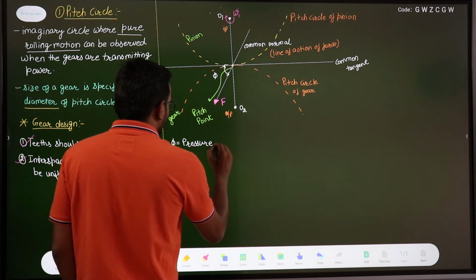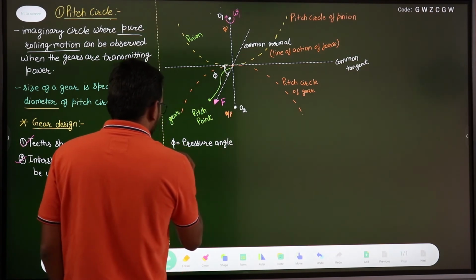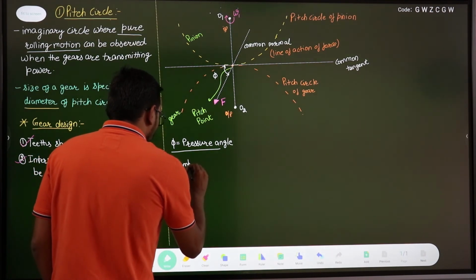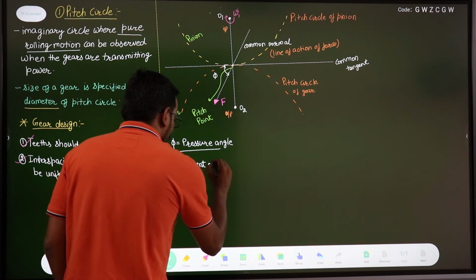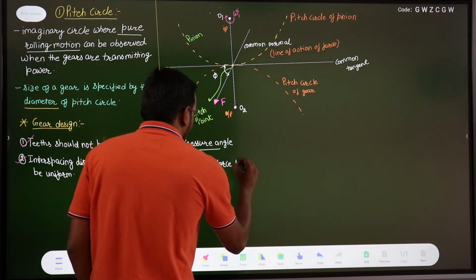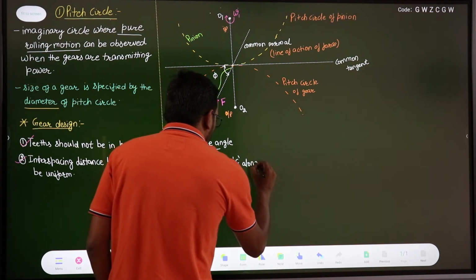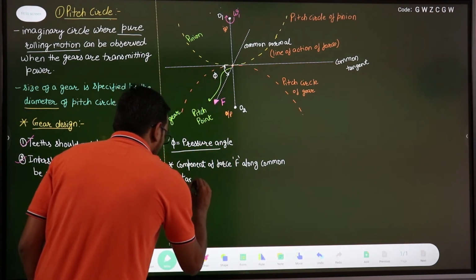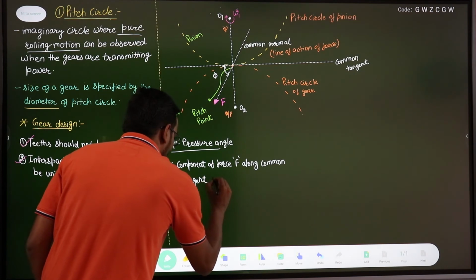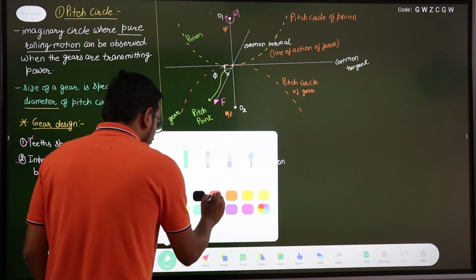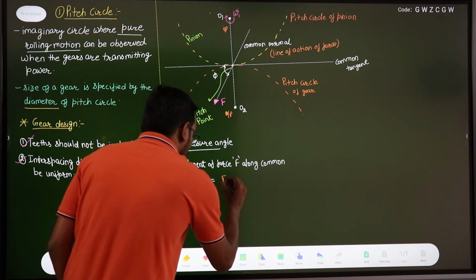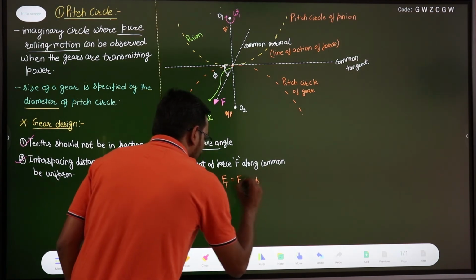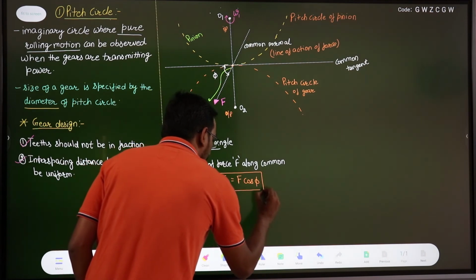If I want to find the component of force F along the common tangent, let us say the component is Ft, this will be equal to F cos phi.